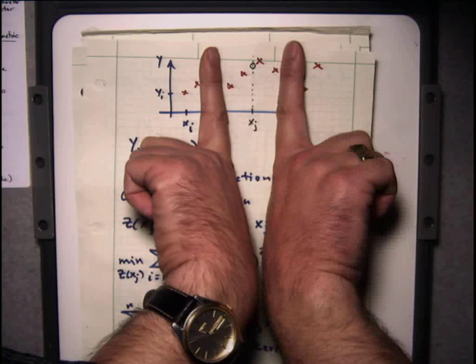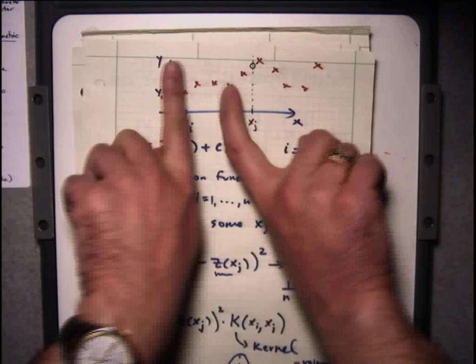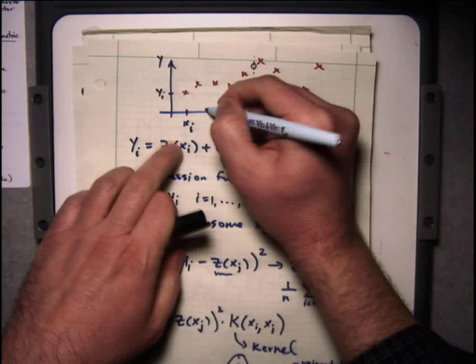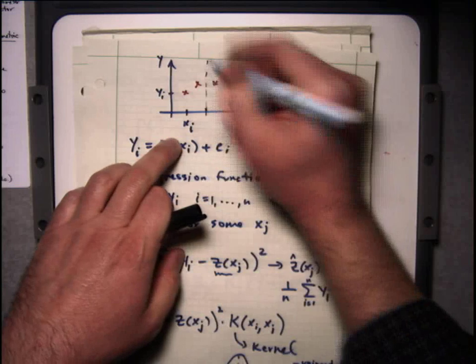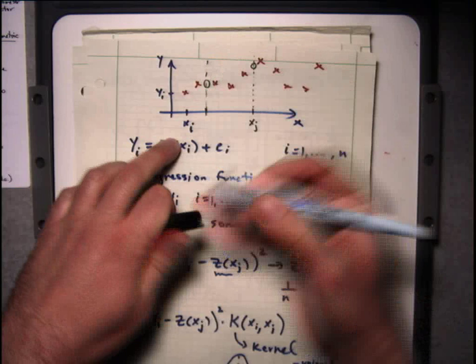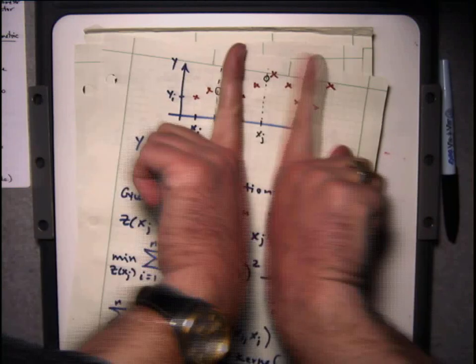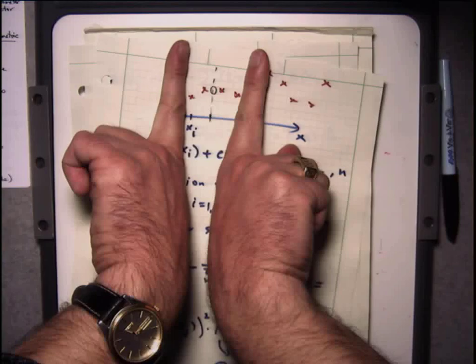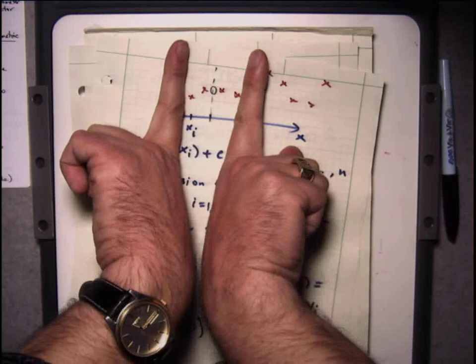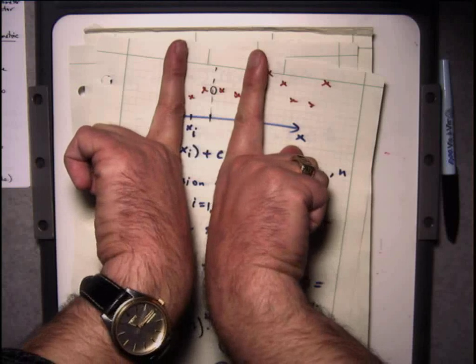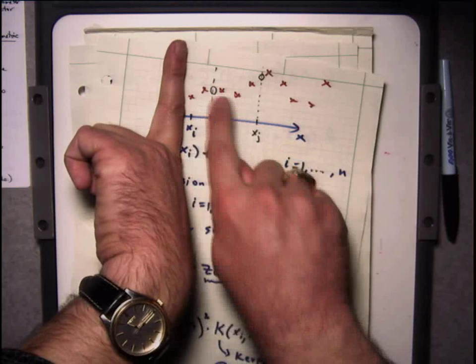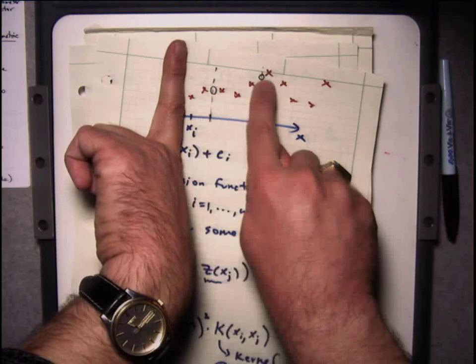And now let's say instead of that guy, you want another point, let's say over here. And this is what you want to solve for. So what you do is you take your window and just move it around. Now you've got another least squares problem to solve. The weights are going to be different because this point may not be as close to this guy as this one was to that guy.